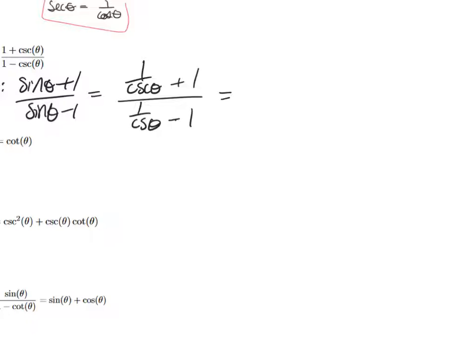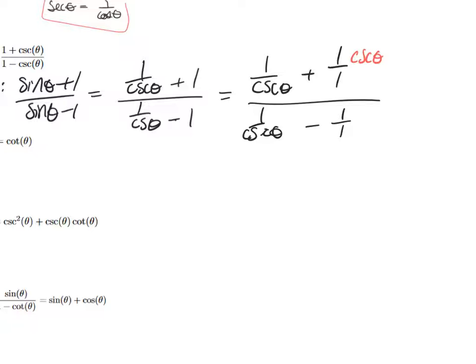If you were going to do a single fraction in the numerator and a single fraction in the denominator, we have 1 over the cosecant of theta plus 1 over 1 over. Similarly, in the bottom, cosecant theta minus 1 over 1. Now, to have a single fraction in the numerator, you do need to multiply by the cosecant theta here and the cosecant theta here.